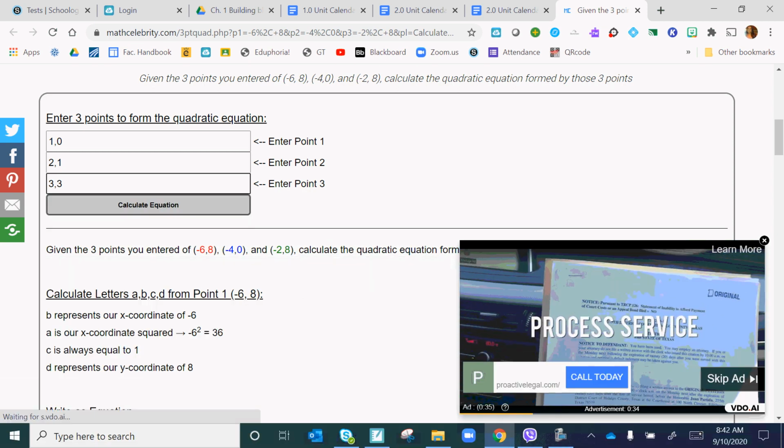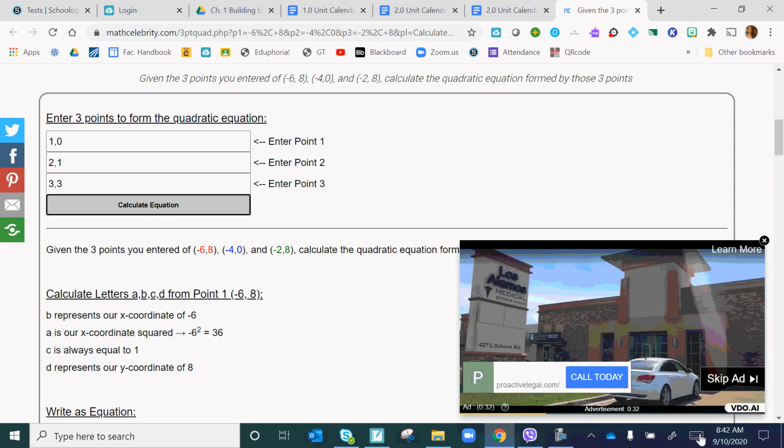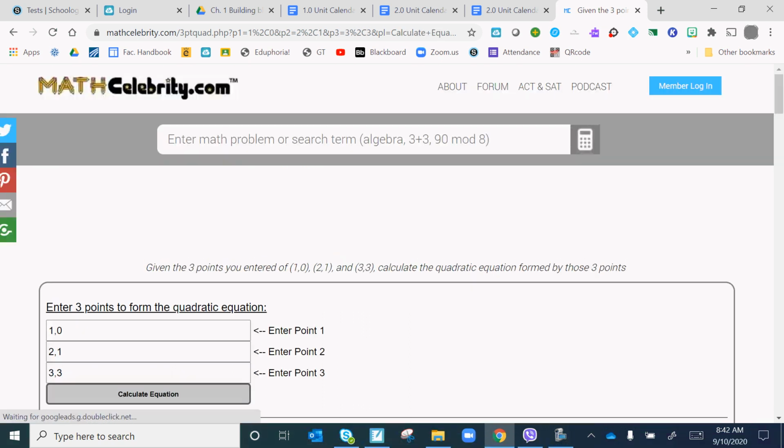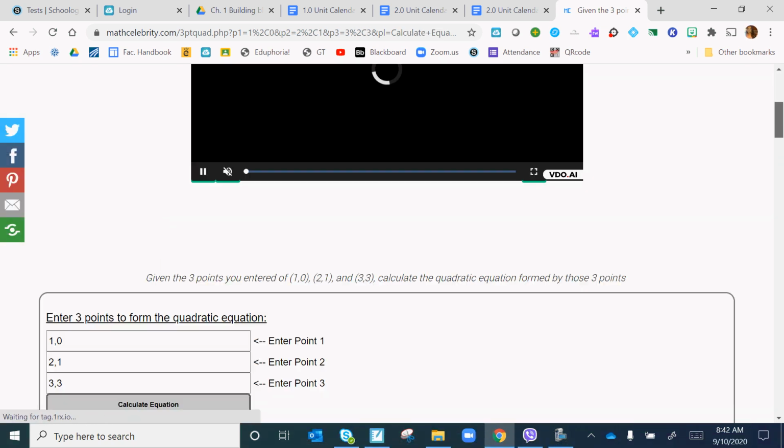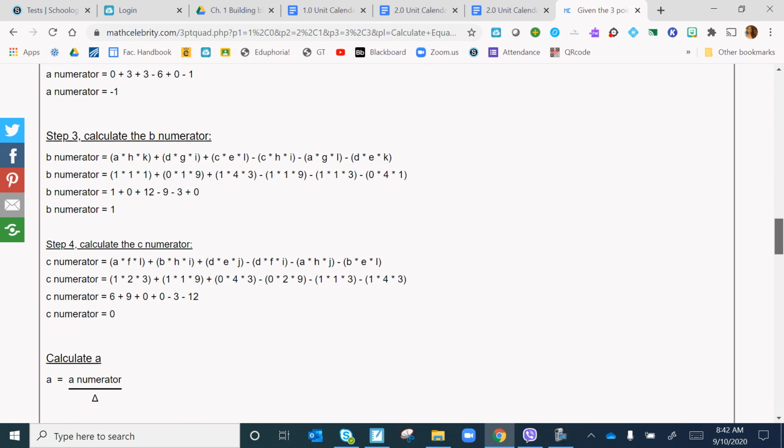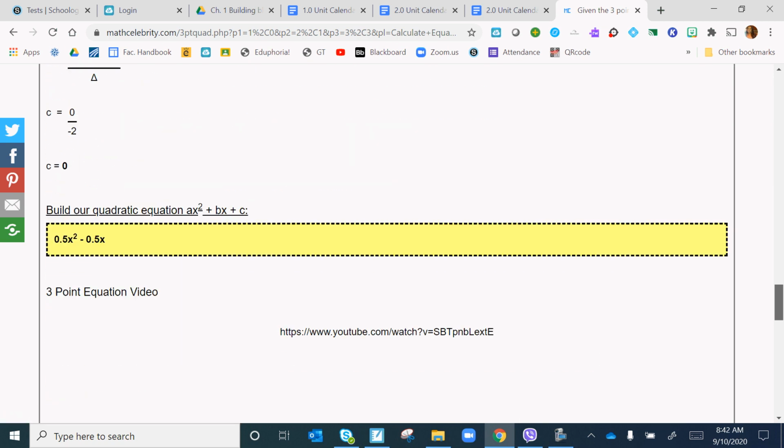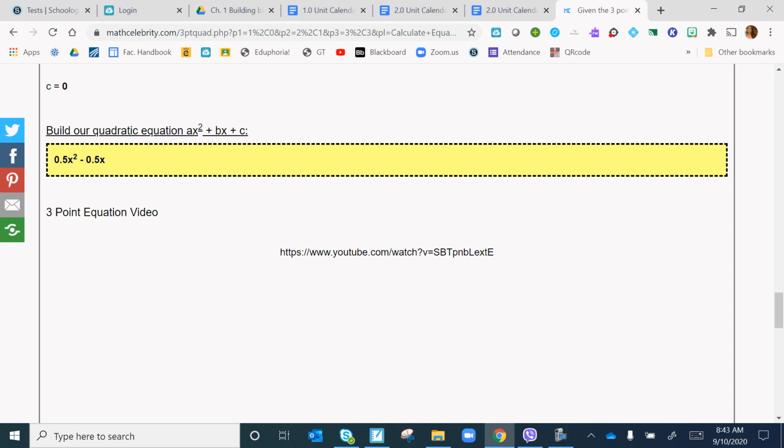And you're going to want it to calculate the equation, which is, remember, the nth term. It doesn't show up here, but if you scroll down, it shows a lot of mathematical information about that relationship. But down here, where it gets to the yellow part, that's your rule right there. The equation is 0.5x squared minus 0.5x.